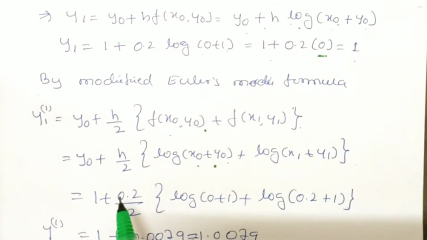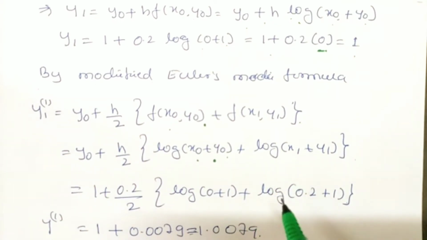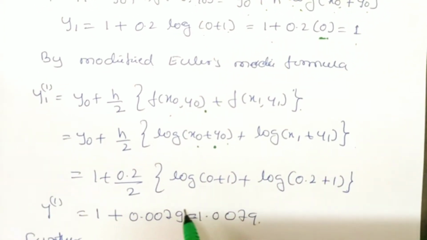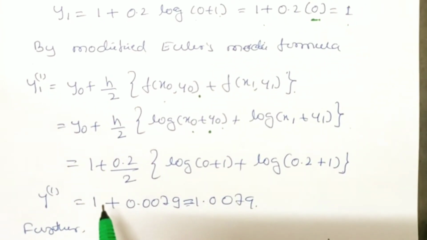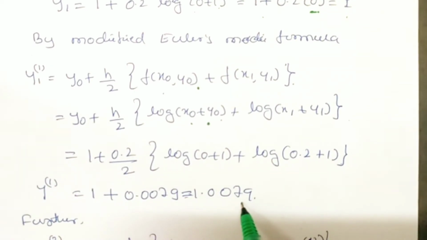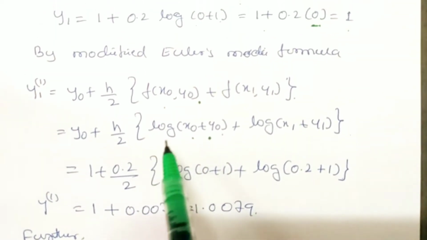Now it is 1 plus 0.2 divided by 2 into log of 0 plus 1 plus log of 0.2 plus 1, because here y1 value is 1. After simplification you will get 1.0079.